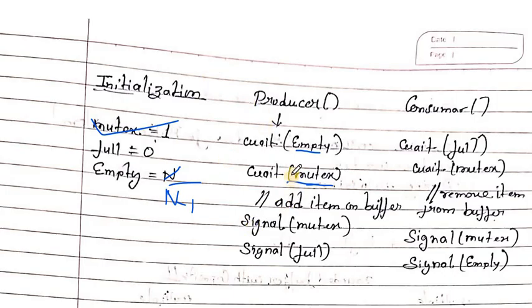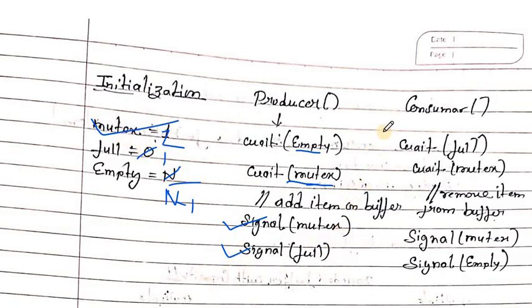It inserts the value into the buffer and then signals the mutex. Signaling the mutex increases it by 1, so the mutex becomes 1 again. Then it signals full, so full becomes 1, because there was 0 elements and now there is 1 element in the array buffer.